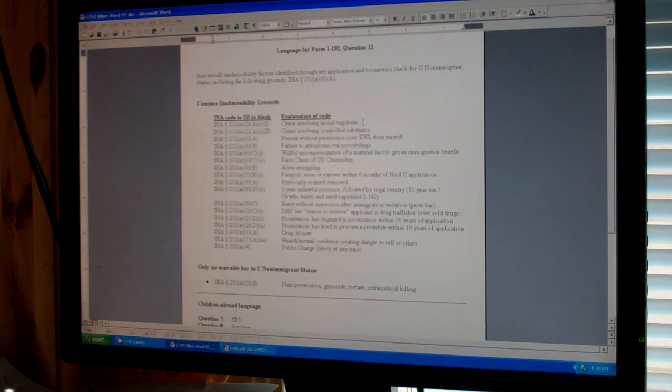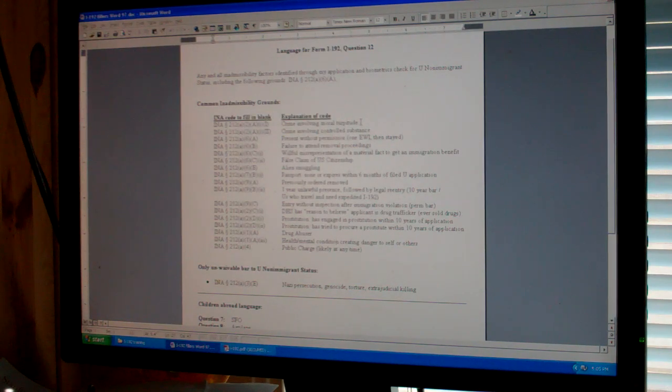212A6A. So they're still only doing the I-192 for 212A6A, but we're going to ask them to document it more. Just INA 212A6A, the Immigration Service has said you do not have to submit anything besides the I-192.